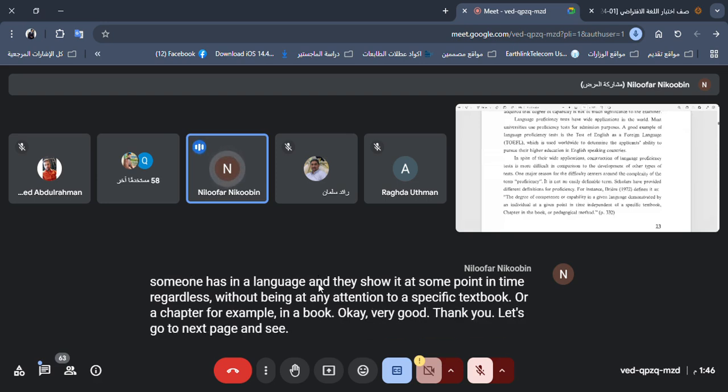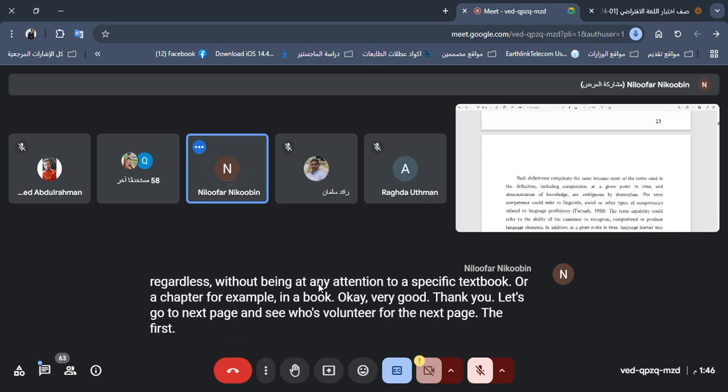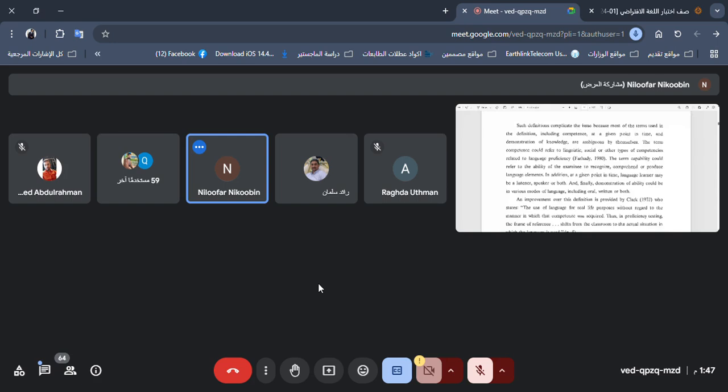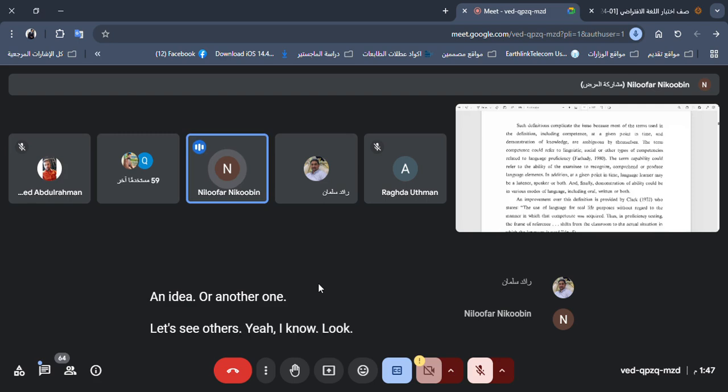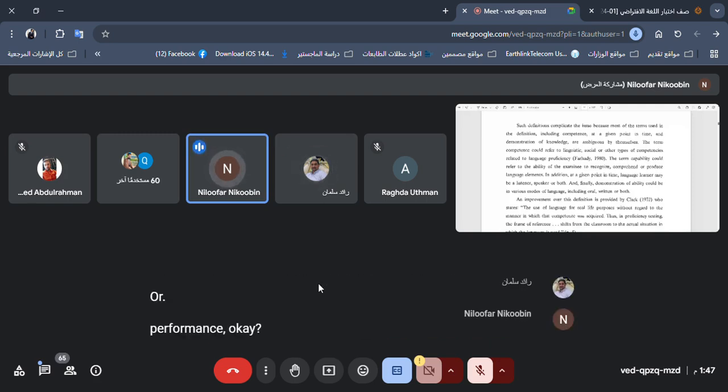Let's go to the next page and see who's a volunteer for the next page. The first paragraph. Can I read, Doctor? Or another one? Let's see if the others want to volunteer, because this is classroom performance.